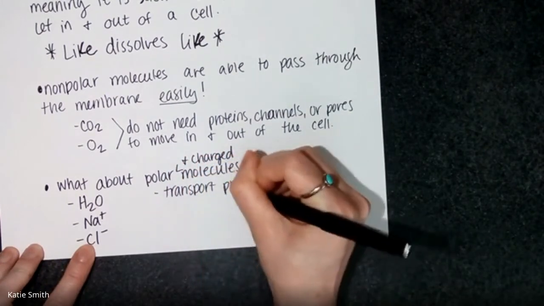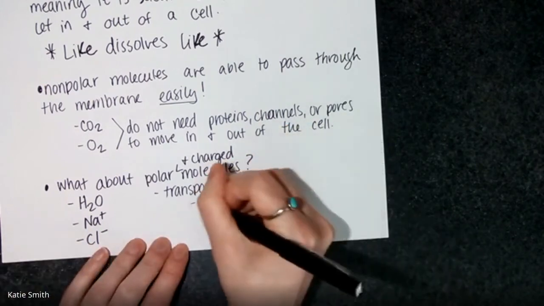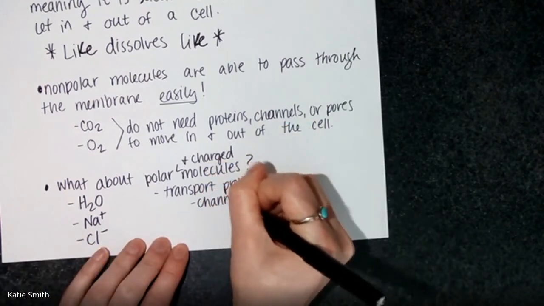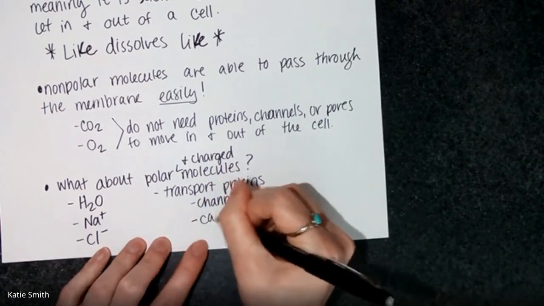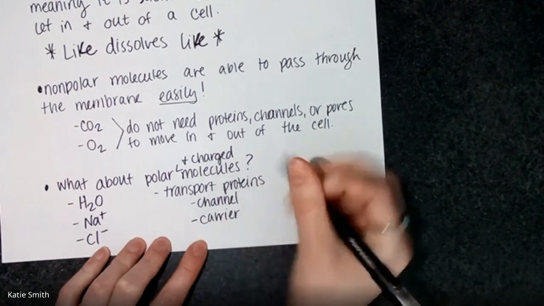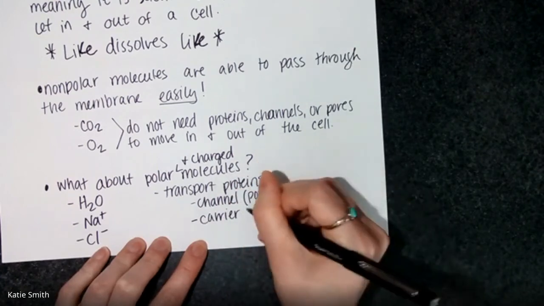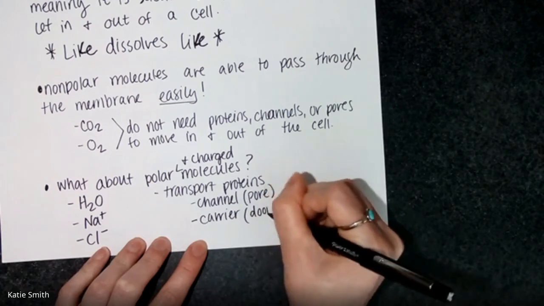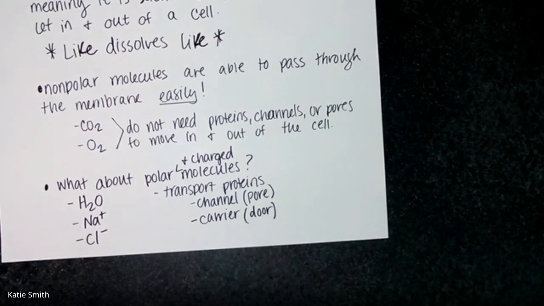So they take different forms. They can be channel proteins, or they can be carrier proteins. Channel proteins work like a pore. Carrier proteins work like a door. I just made that up. So channel proteins, like I said, it's like a pore.